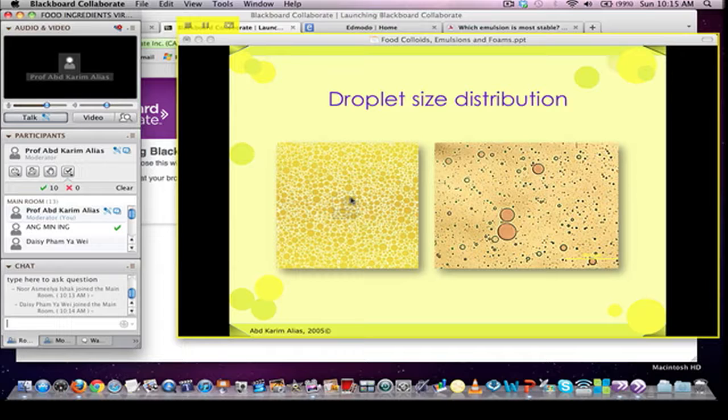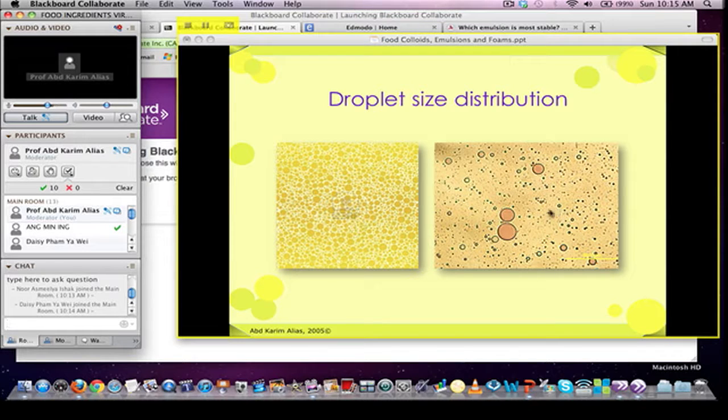If we leave the emulsion over a period of time, then what we will see if we look under the microscope, say after half an hour or after 1 hour, is that there are different sizes. We can see quite clearly there are different sizes of droplets in the emulsion. So there's a big one, there's a small one, and so on.